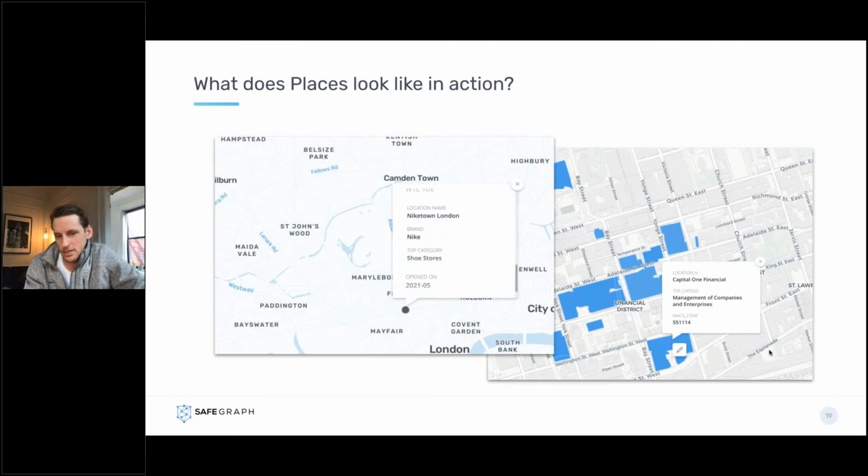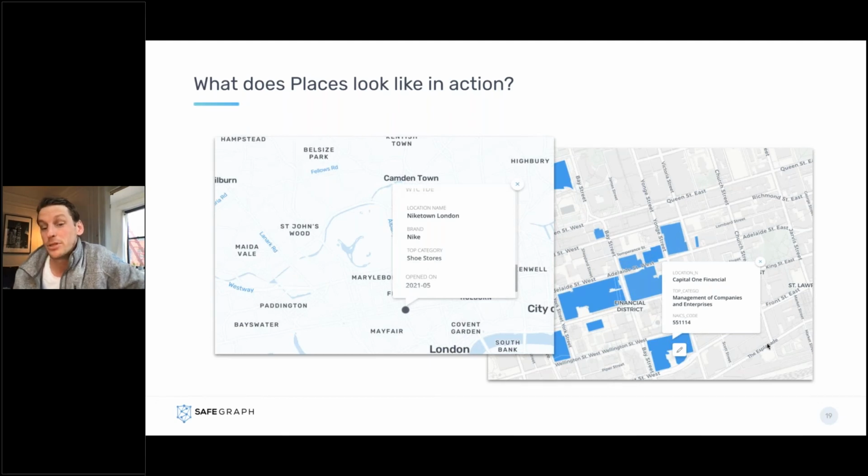On the other hand, on this other map to the right, you'll see that someone's queried our data and visualized it. I believe this is in CARTO's platform. And you'll see that the top category in this particular location is management of companies and enterprises.